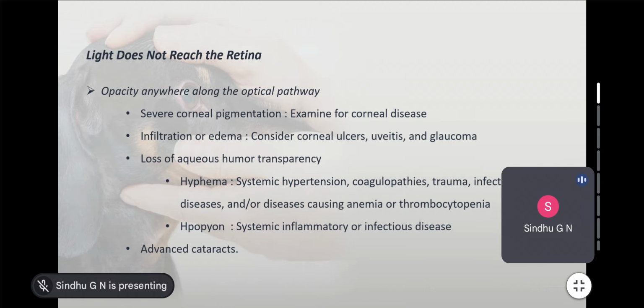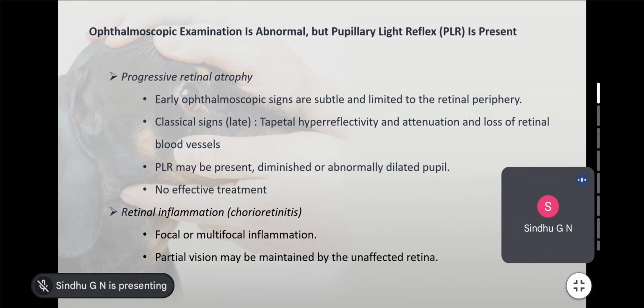The second possibility is that on ophthalmoscopic examination there is something abnormal, but the pupillary light reflex is present. It can be due to progressive retinal atrophy. In the early stages, there won't be much change on ophthalmic examination, and it will be limited to the periphery only.